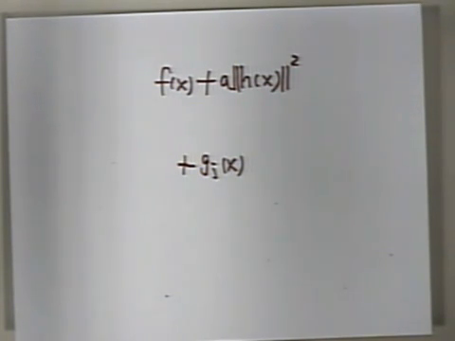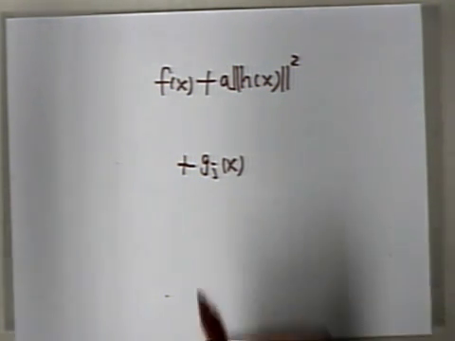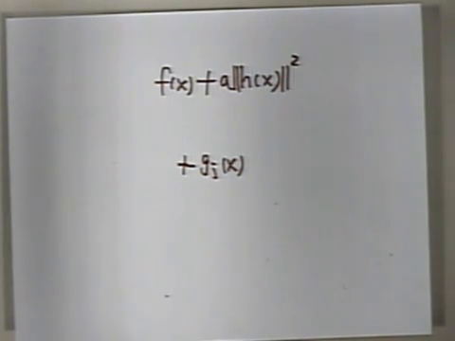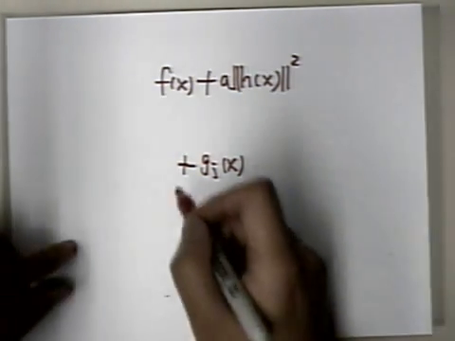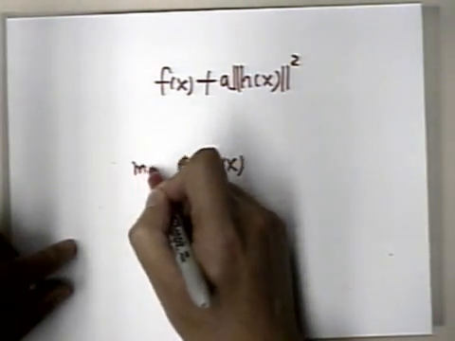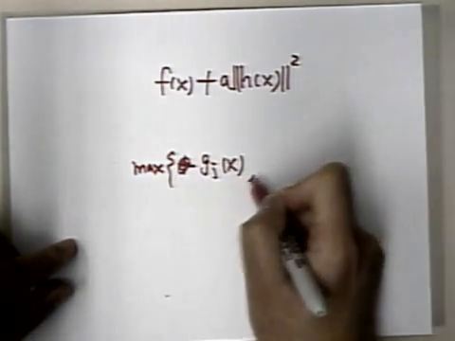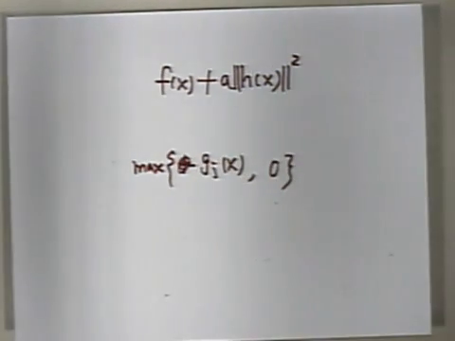Why not? Once it's negative, then your function will decrease. Okay, so I shouldn't do that. Then what should I do? I will put the maximum of this and 0, right? Meaning that if it's negative, I shouldn't penalize, right? Would that work?